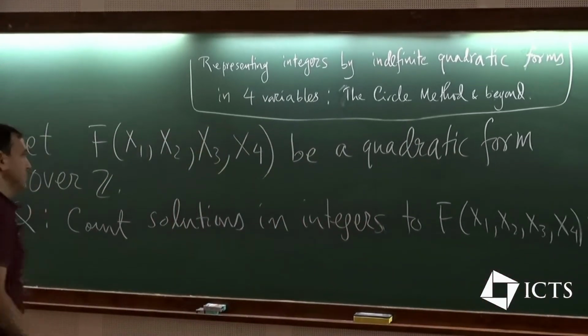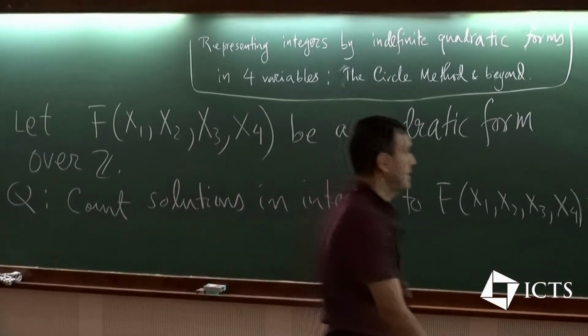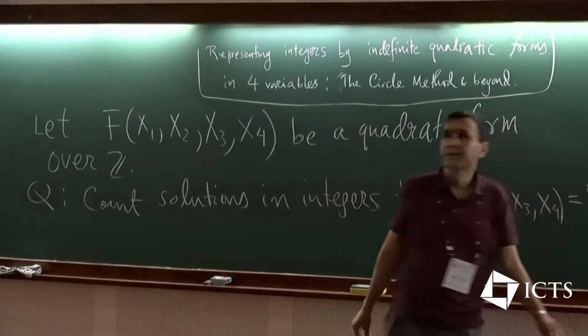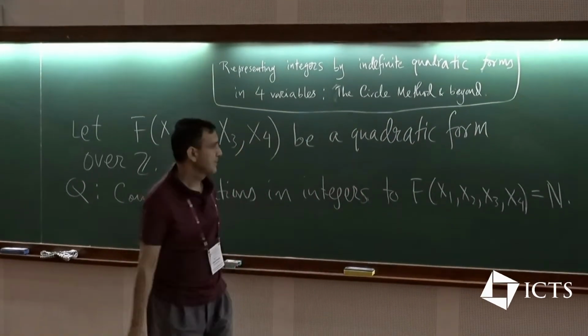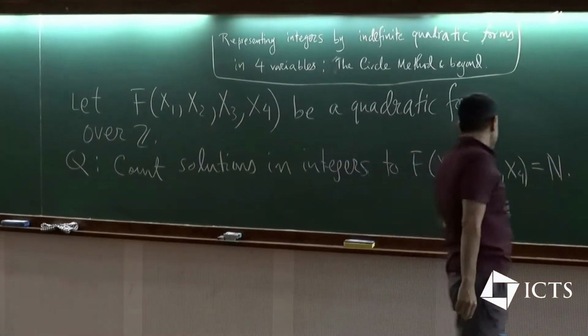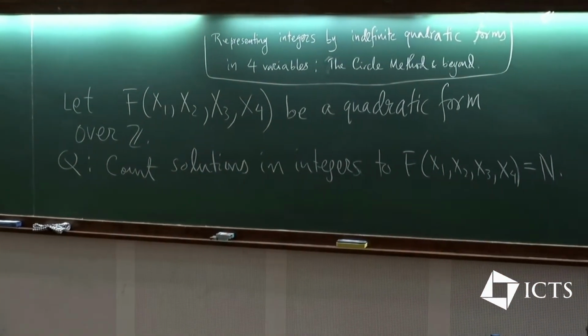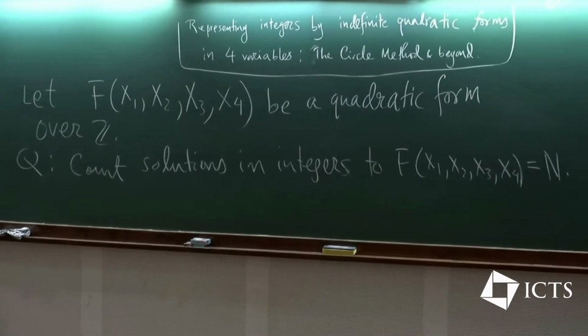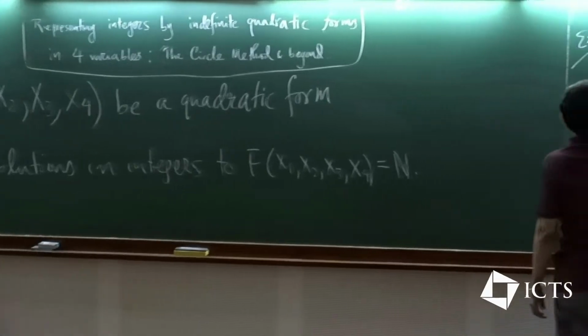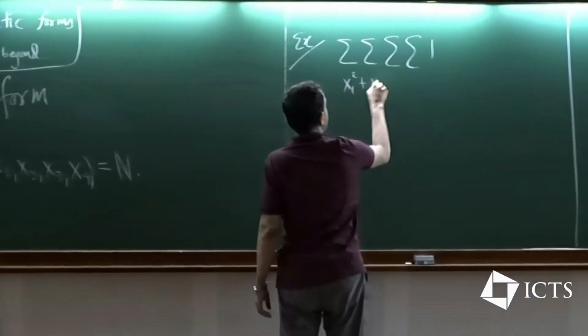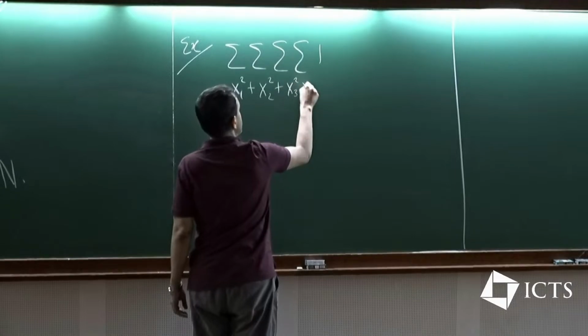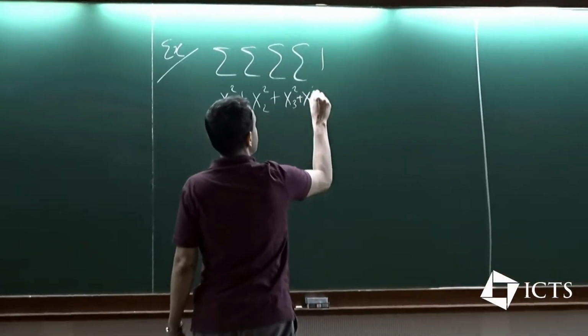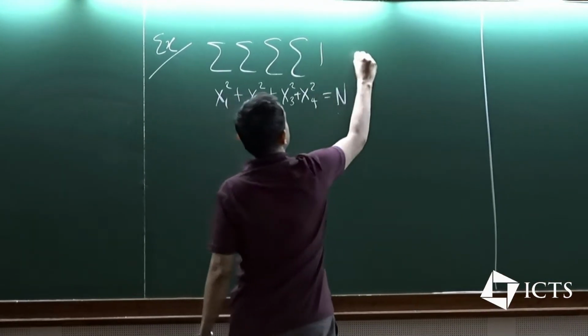Okay, so now if the form f is a definite form, then I don't need to say anything more, because, for example, suppose it's positive definite. So you can ask, f of x equal to n, equal to what?